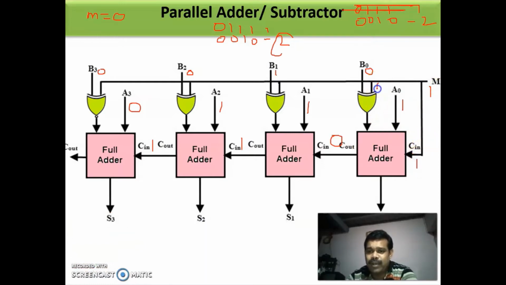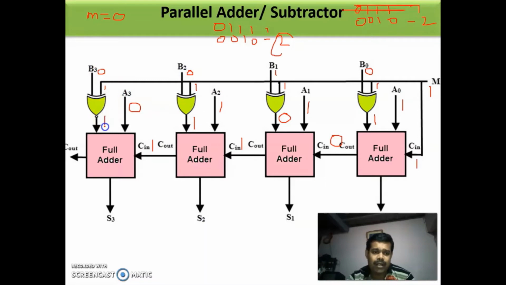Now one of the inputs of these XOR gates is 1, so whatever input you are giving to the other, the output will be the complement of the other input. So here you are having 0, so 1. Here 1, so 0. Here 0, here 1.